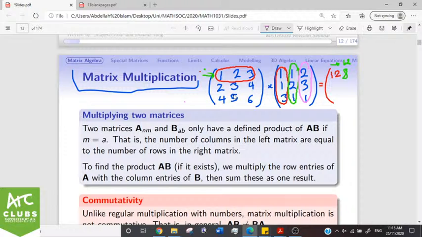So for the 2/1 term, you take the second row and multiply it by the first column. And in general, for the ijth entry, what you do is you take the ith row and you multiply it by the jth column from the respective matrices.